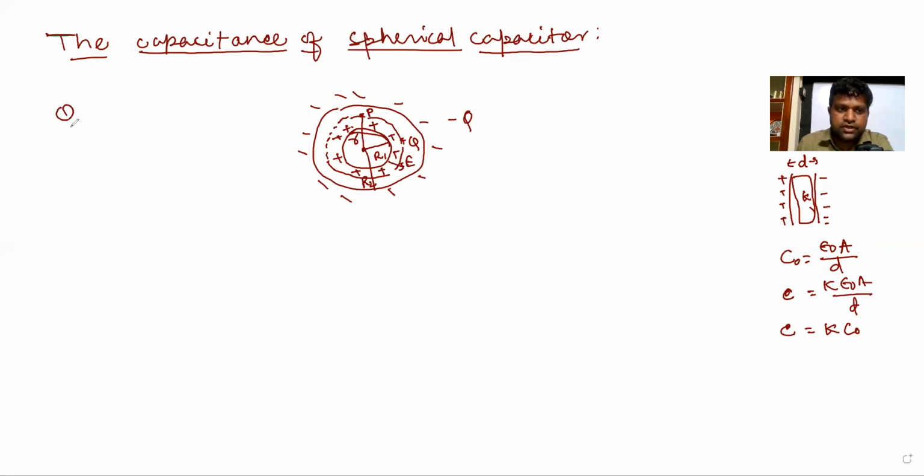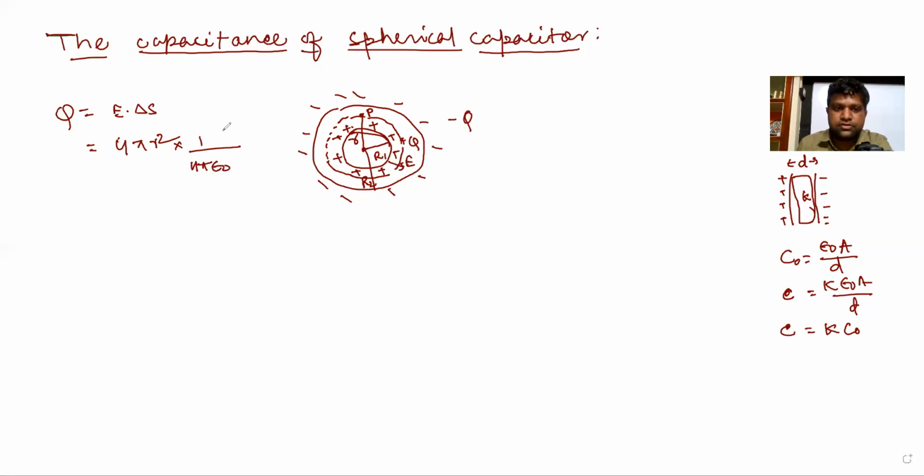Also we know that the flux is equal to E dot ds, where the surface area is 4 pi r square.